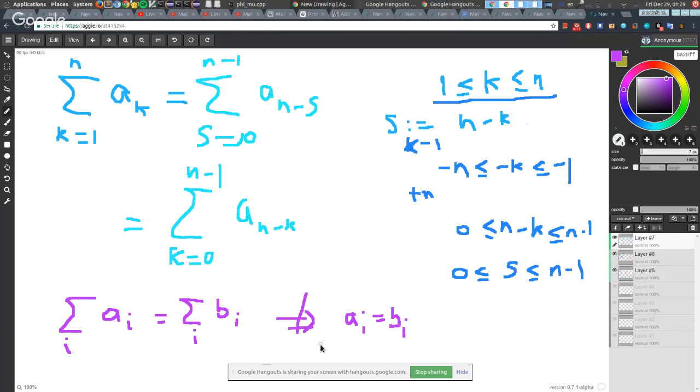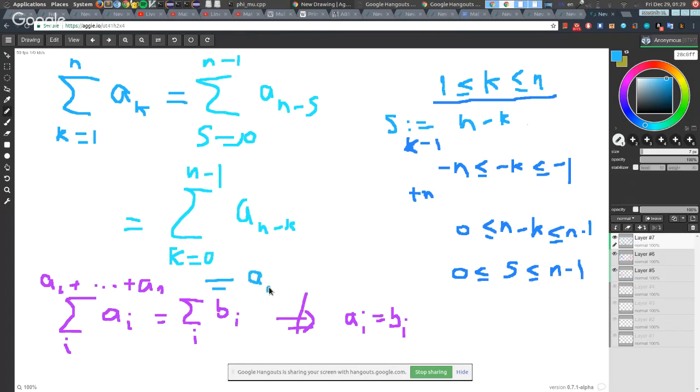So here it doesn't mean that we are somehow making the terms equal, but here we just reverse the order of the summation. So basically this term is like a1 until an, while this other one is just getting the same elements but in a different order.